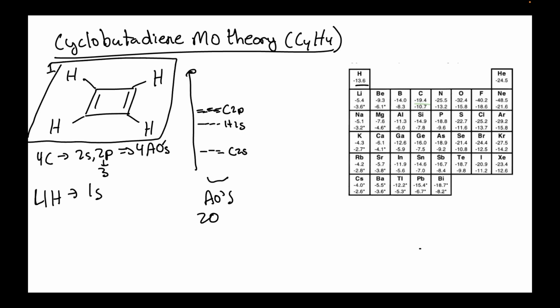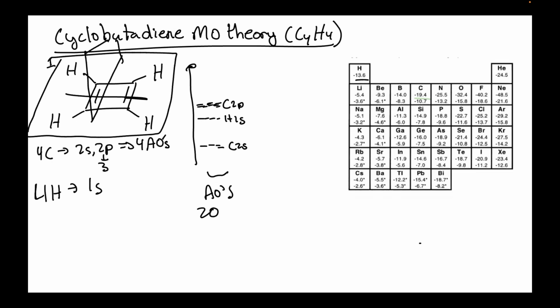Then a couple other ones are this plane here going right through vertically here, and then the other plane here like this. If I just draw this top down one more time, I've got this plane, and then the plane of the molecule. I'll do the plane of the molecule first.